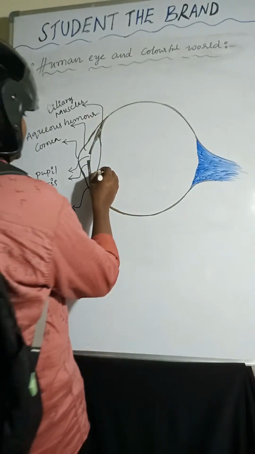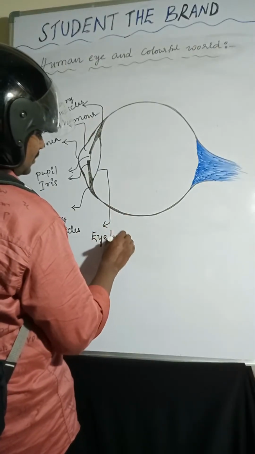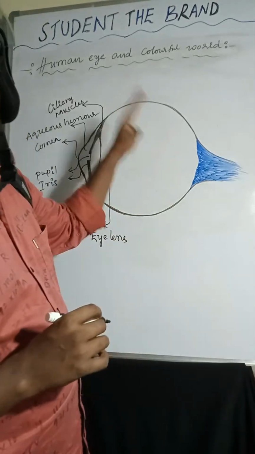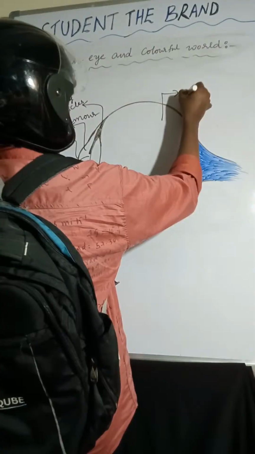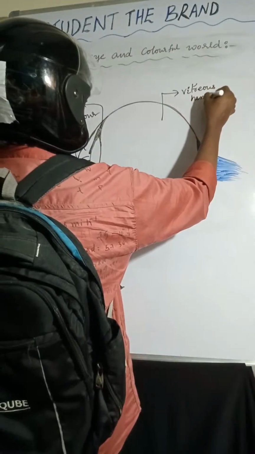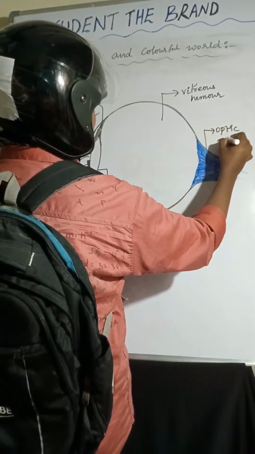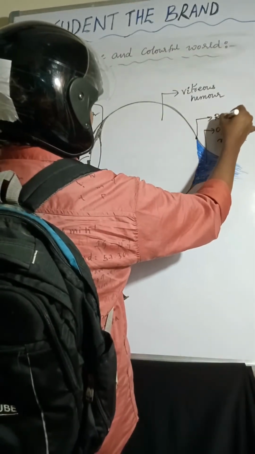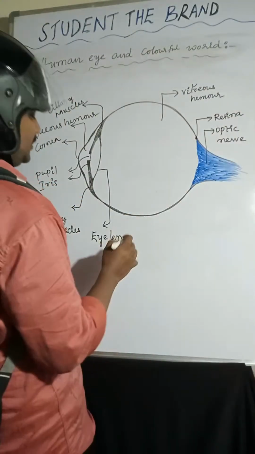Coming to the eye lens, this is the eye lens, the crystalline lens. The entire portion is filled with liquid, that is the vitreous humor. This one is the optic nerve, and here is the retina. So these are the parts of the human eye.